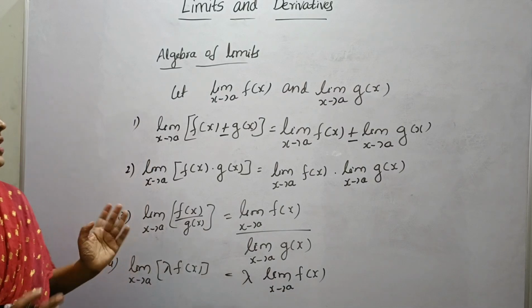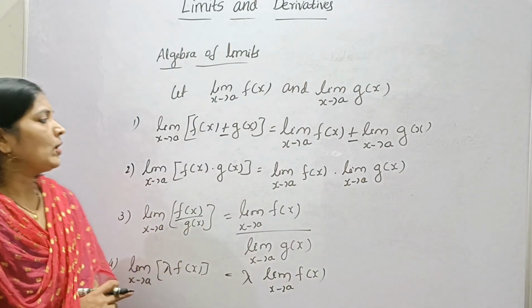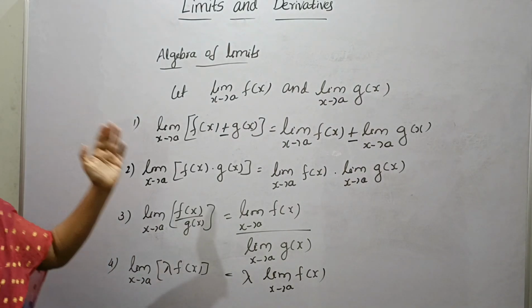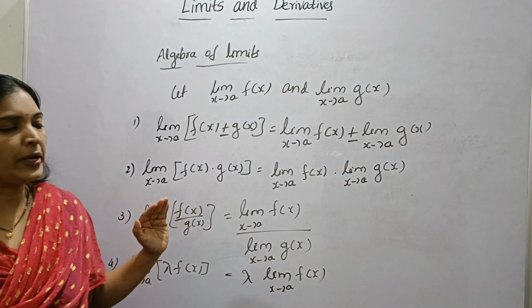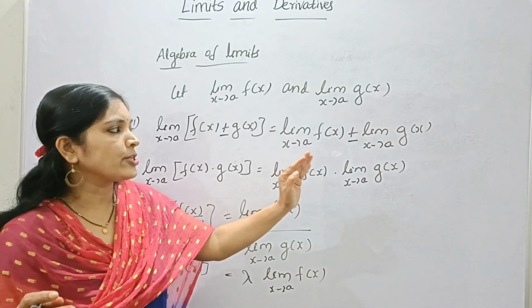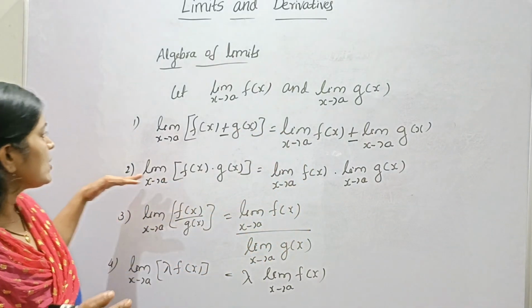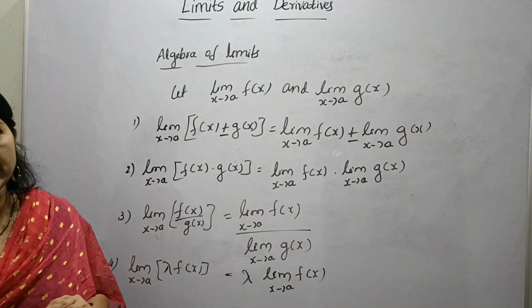If the two limits, the limit as x tends to a of f(x) and the limit as x tends to a of g(x), exist, then the limit as x tends to a of f(x) plus or minus g(x) is equal to, we can split it, the limit of f(x) plus or minus the limit of g(x). So you have to apply this algebra of limits in exercise problems.